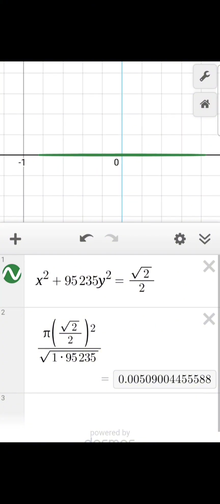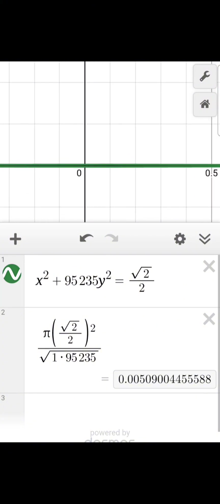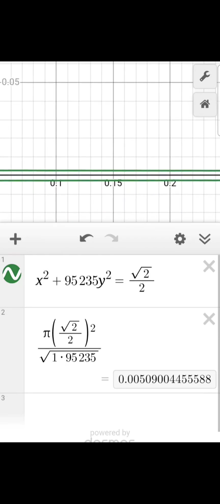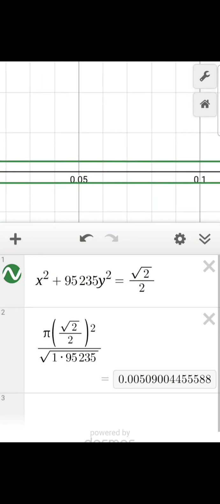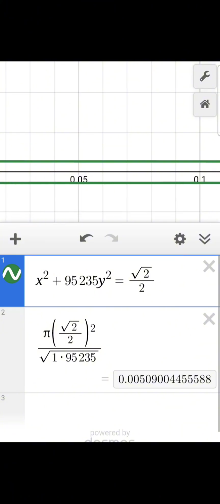So it tells us here that the values of a and b from the circle equation are inversely proportional to its area.